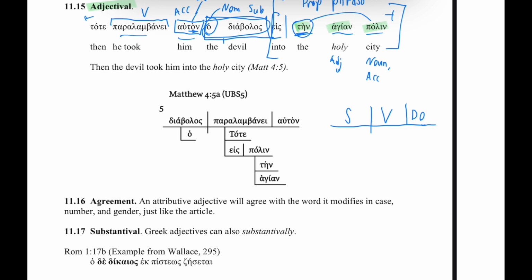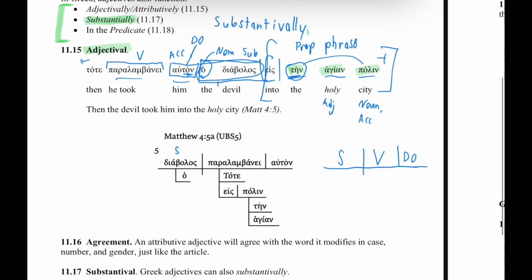So subject, verb, direct object. Subject in this case is Satan, diabolos. I'm going to just highlight where this is coming from. And then we have our verb here. And then auton is here.